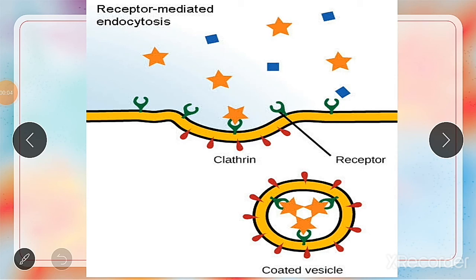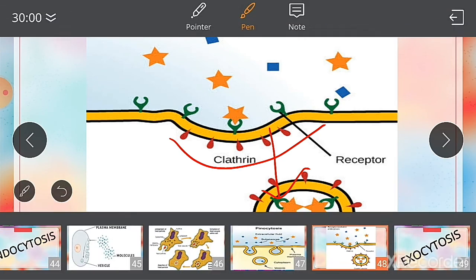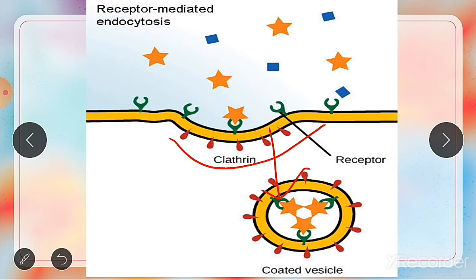Then the third one is receptor mediated endocytosis. It is a specialized type of endocytosis. During this process, some macromolecules bind to the receptor proteins. Along the surface of this plasma membrane, there are some receptor proteins, and these proteins bind with the molecules that want entry into the cell. The vesicles that are formed from the plasma membrane contain these macromolecules, and these vesicles then deliver them to their destinations.